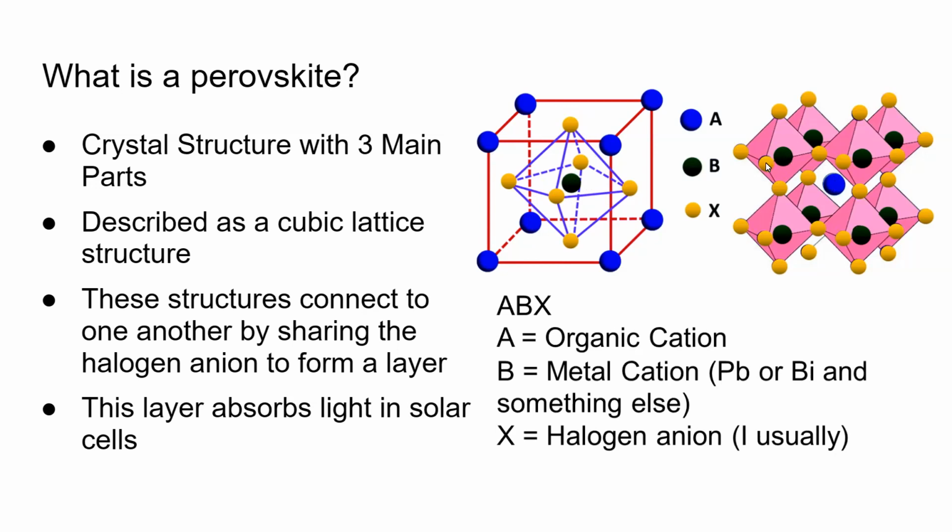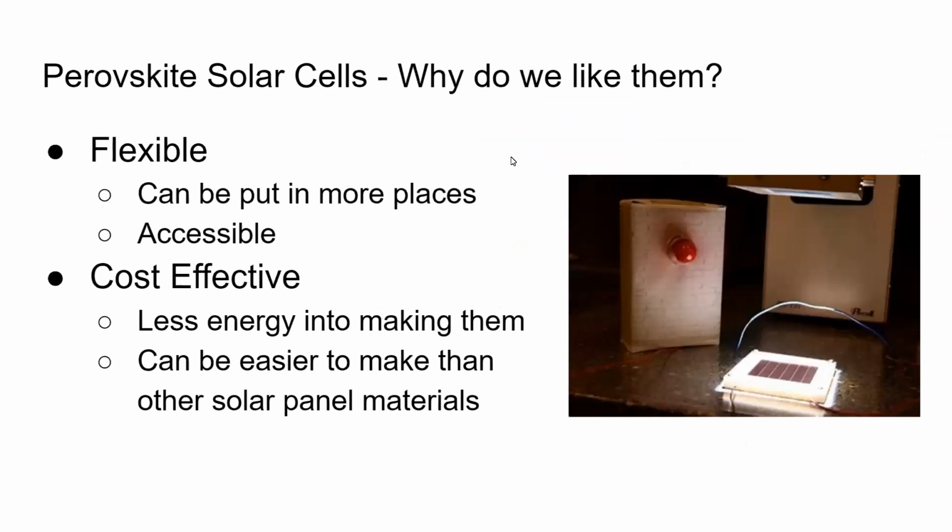And in these centers, you're going to have your metal cation. So these structures connect to one another, and these come together. This whole structure right here will form an entire layer that is used as the light absorbing layer in solar cell material.